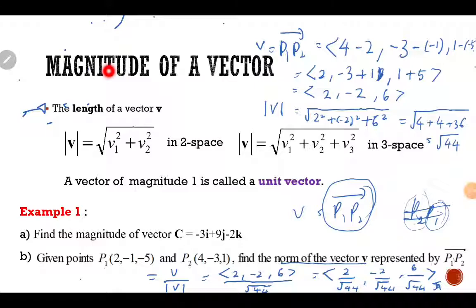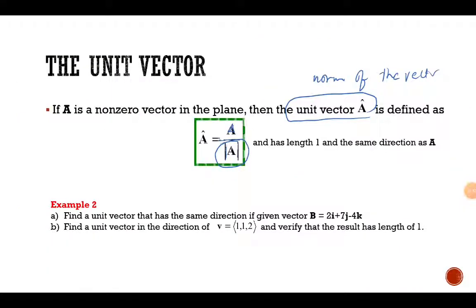That is example 1B. For example 2, it is the same as the example we discussed earlier, but the question is straightforward. It asks for a unit vector that has the same direction as the given vector B equals 2i plus j minus 4k.